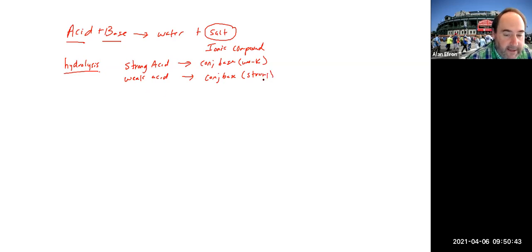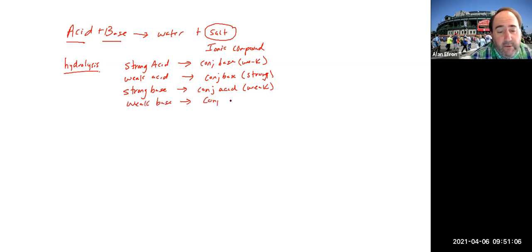The same thing holds true for bases as well. If we have a strong base, its partner, the conjugate acid, will be weak. And if we have a weak base, its conjugate acid will be relatively strong.